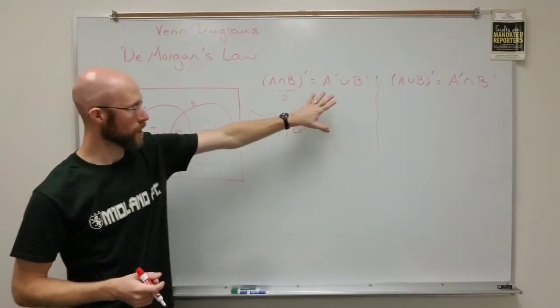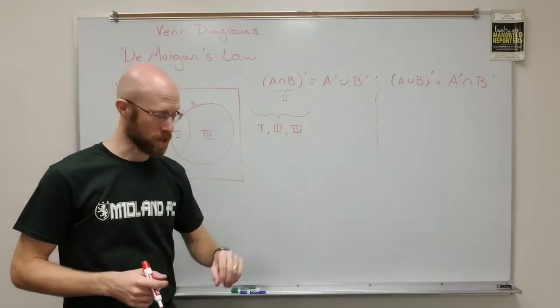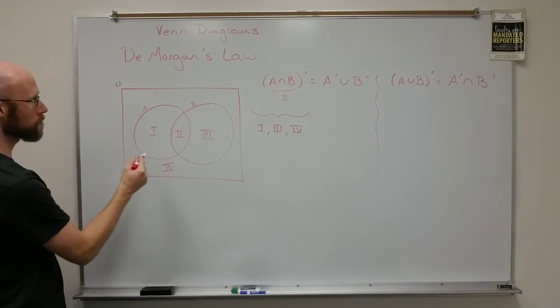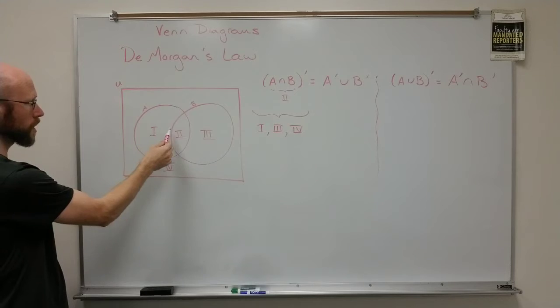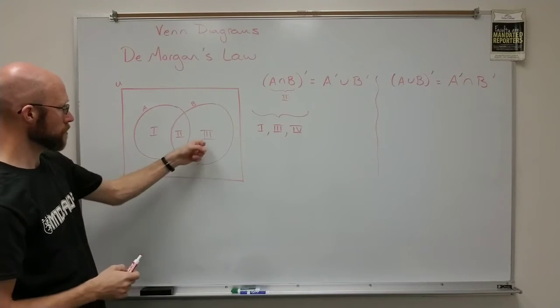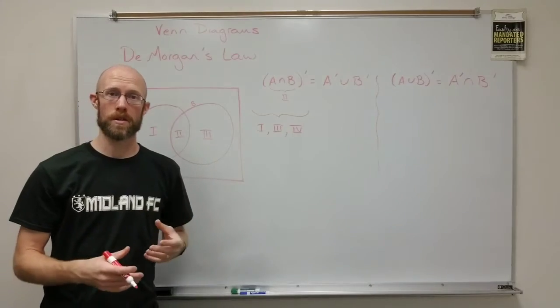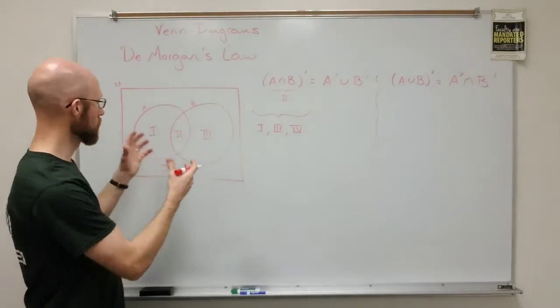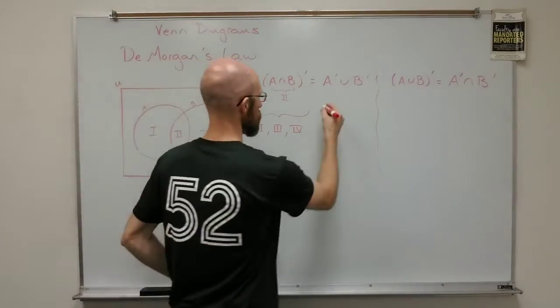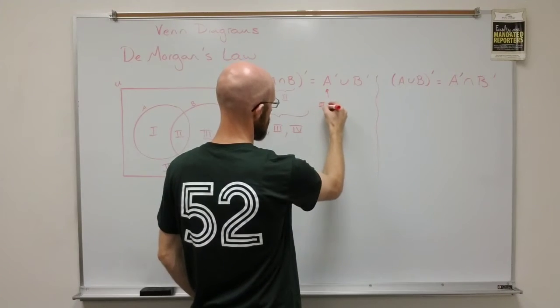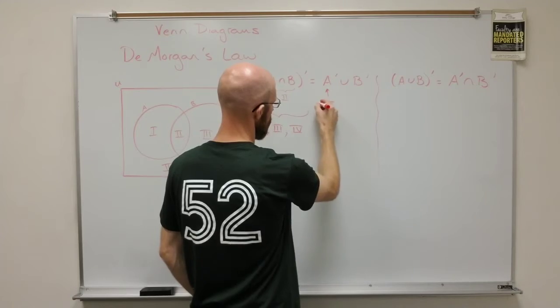Now let's take a look at the other side and see if it matches up. Okay, A complement. Well, first of all, A contains 1 and 2, so its complement must be 3 and 4. Those are all the elements that are not in A. So A complement is region 3 and region 4.